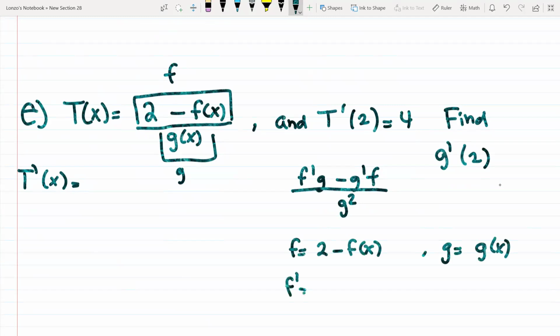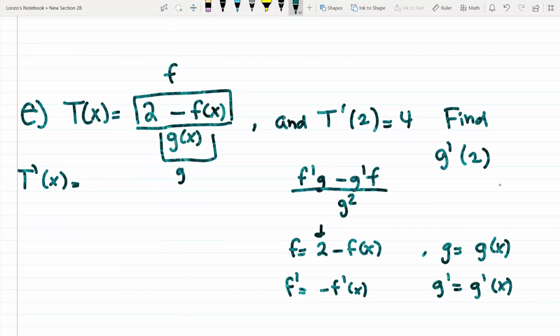So for f prime, the derivative of 2 is 0. The derivative of negative f of x is negative f prime of x. And then g is g of x, and so g prime is g prime of x.